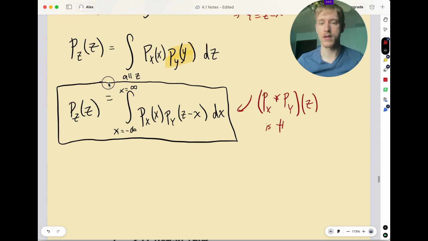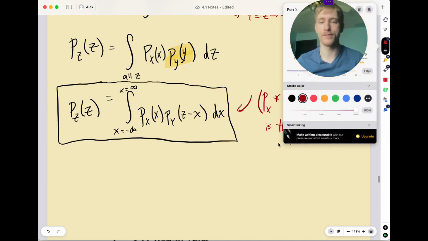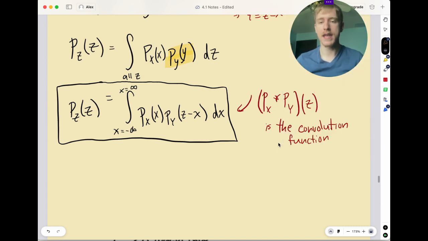So this is the convolution function, and you usually use it in Fourier analysis and making Laplace transforms a little easier. But yeah, that's the convolution function. Now, let's do a practical example to end this off, just to show you how you would go about computing such an integral, because in general, it's not easy.